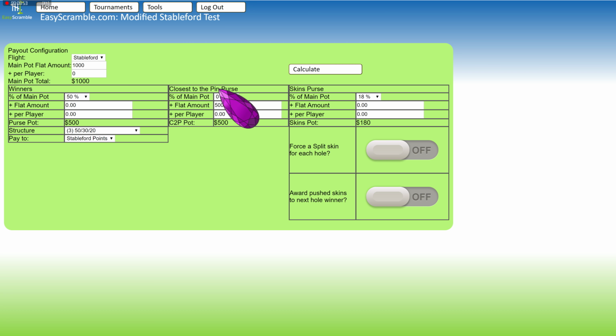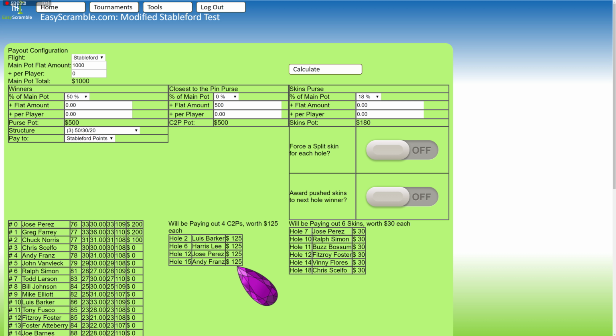They're sponsoring the closest to the pin purse. They're putting up the whole $500 here. It is the only place the money comes from, and it pays out $125 per. So we can have specific sponsorship, we can have per player level participation or sponsorship, and we can have that in skins, closest to the pin, and winners.